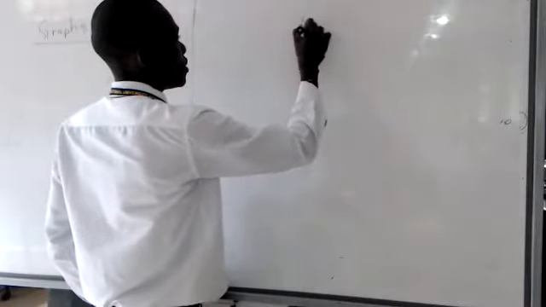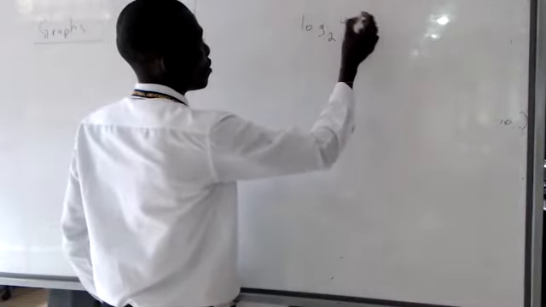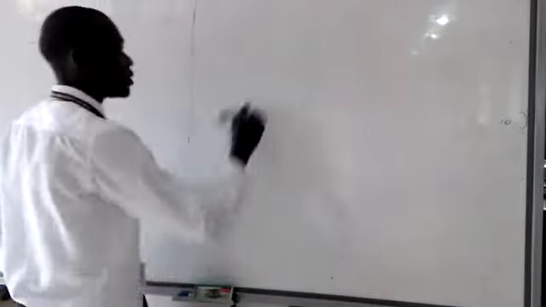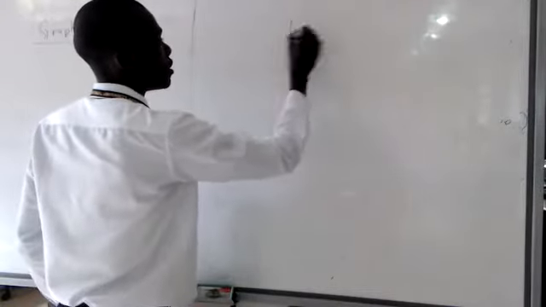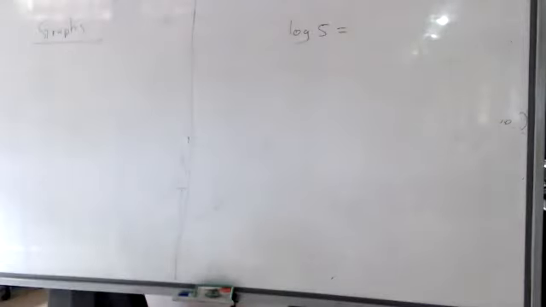For example, log to the base 2 of 4. Well, that's too obvious. Let me think of something like log of 5. What is log of 5 from your calculator?